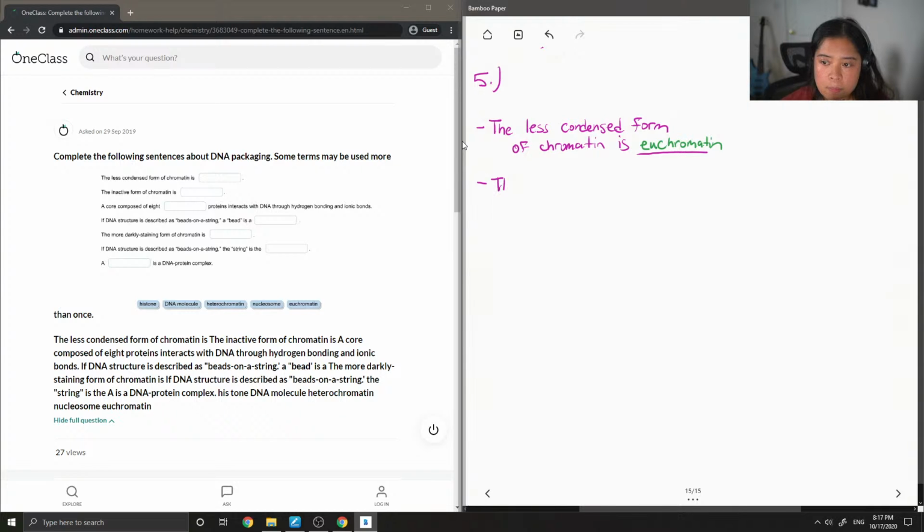Next, the inactive form of chromatin is blank.